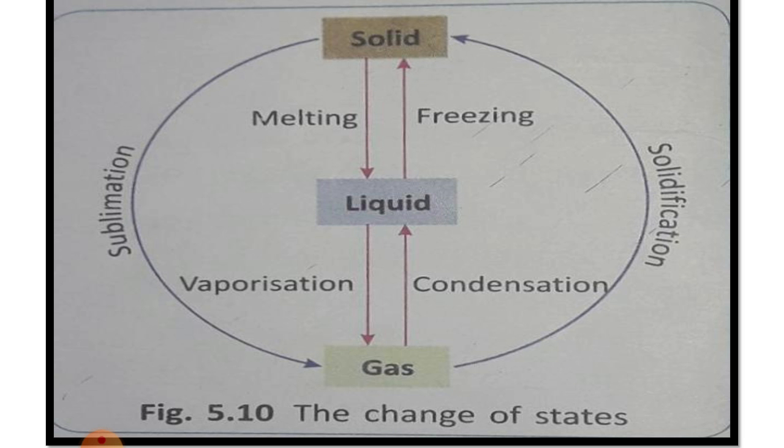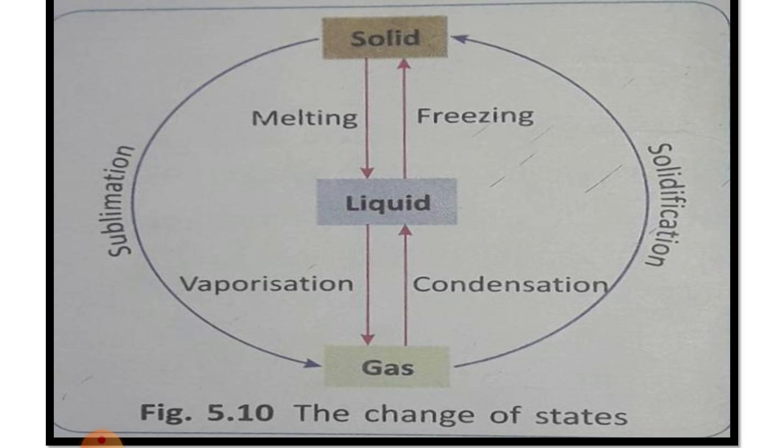A very common example for that is naphthalene balls or camphor. It is not entering the liquid state; instead, it is directly changing to the gaseous phase. So it is known as sublimation. And next one is solidification, that is the change from gaseous to solid state. It is known as solidification.